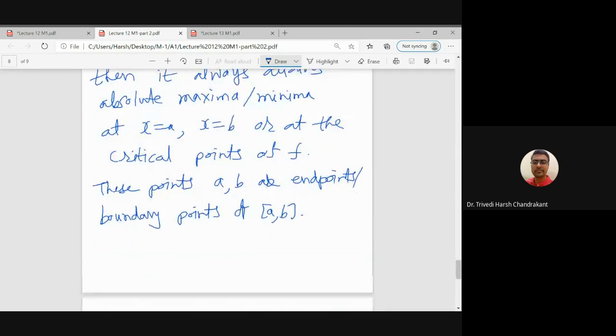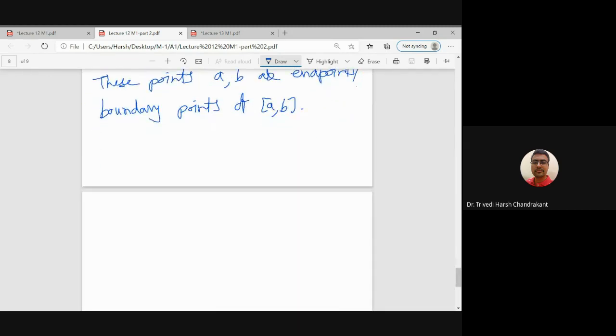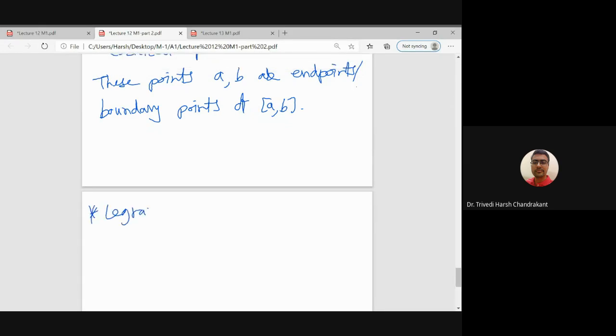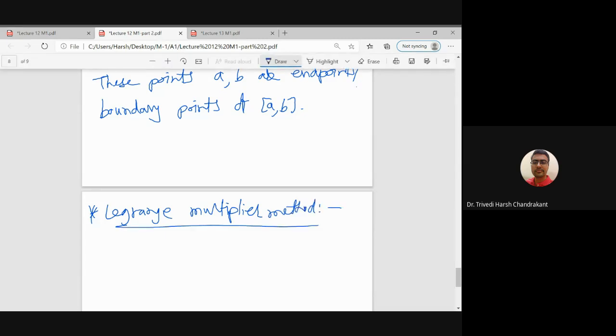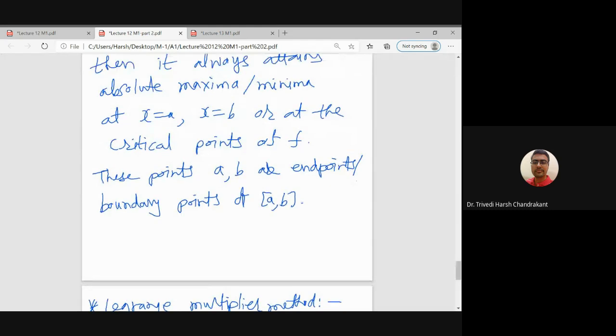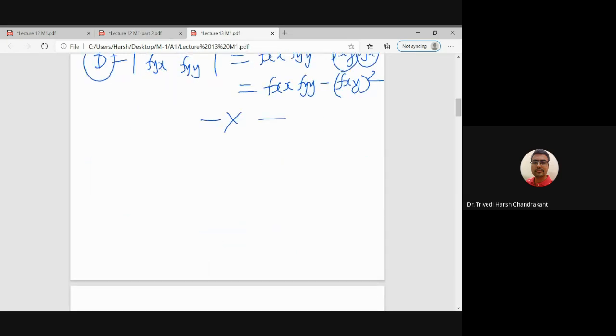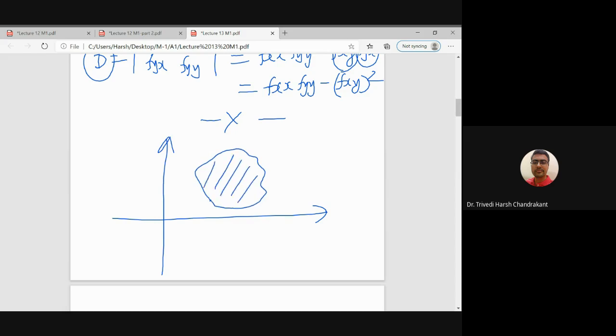So this is the one variable case. Now, what is the Lagrange multiplier method? Why do we need it? Because here the endpoints of the interval are only two points, but whenever we consider some domain in R2, it consists of all the points inside some set.